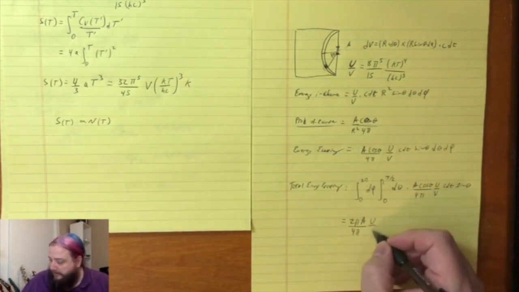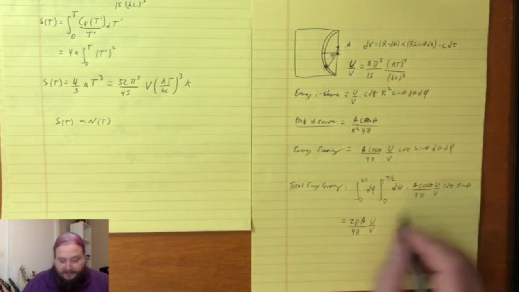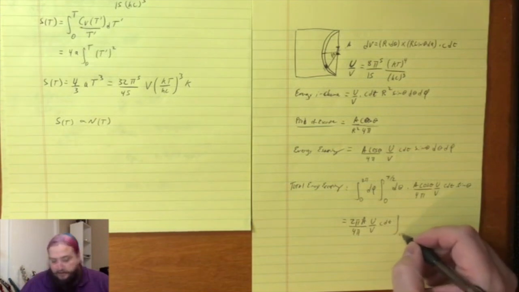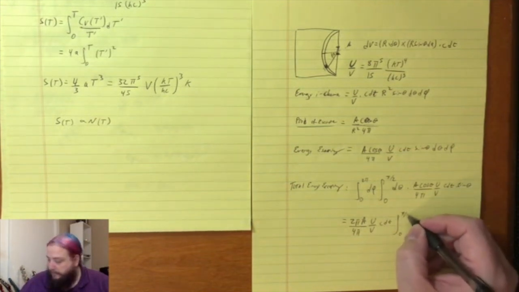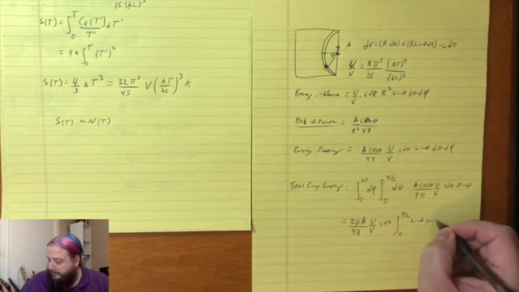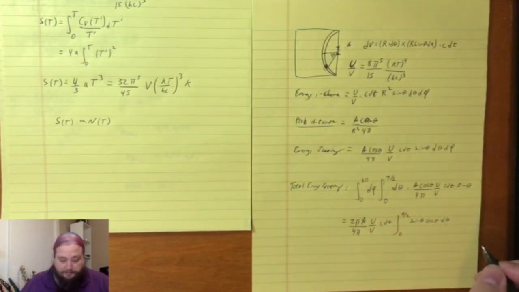The energy density U over V comes out, c dt comes out, and we've got the integral from 0 to pi over 2 of sine theta cosine theta d theta.